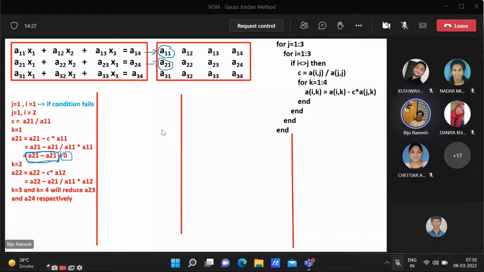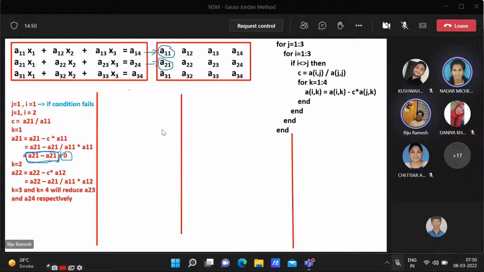Now, can someone tell me what you do in your theory lecture? We will make A11 as 1 and then multiply it and subtract it from A21, to make A21 0.